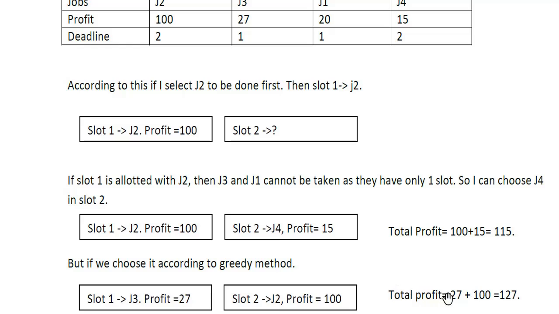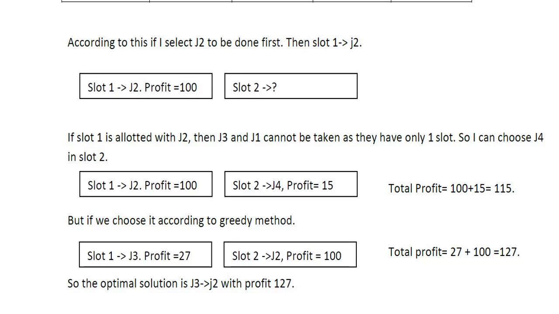So the total profit is 27 plus 100 equals 127. Compared to 115, we are getting more profit by applying the greedy algorithm. So 127 is the profit earned by executing the job sequence job 3 first followed by job 2.